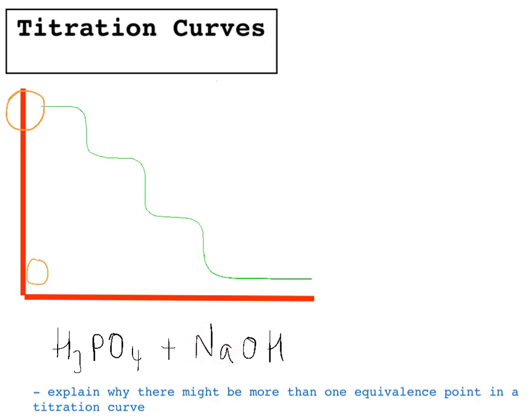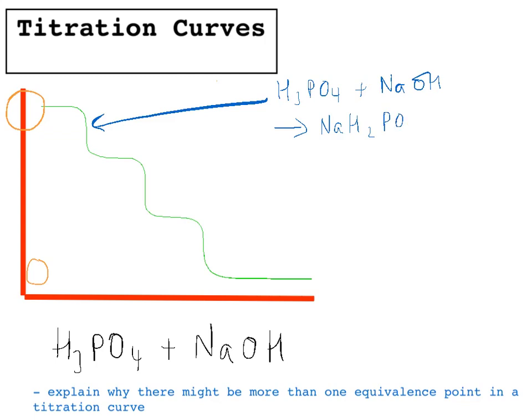So at the first equivalence point, the following is happening. So at this first drop, we've got H3PO4 plus NaOH going to make just a monosubstituted one, NaH2PO4 plus H2O, so that's our salt and water, so acid plus base equals salt and water.